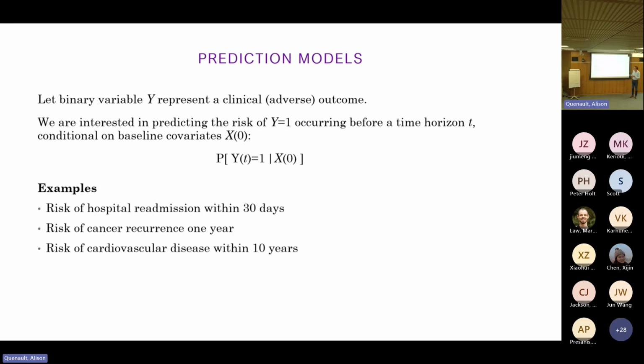Examples are predicting the risk of hospital readmission within 30 days, risk of cancer recurrence with a different time horizon, 1 year, or risk of cardiovascular disease within 10 years. That's the running example that I'm going to use throughout my talk, risk of cardiovascular disease with a horizon of 10 years.